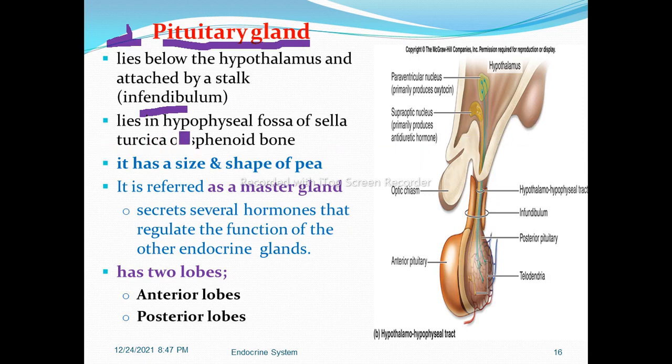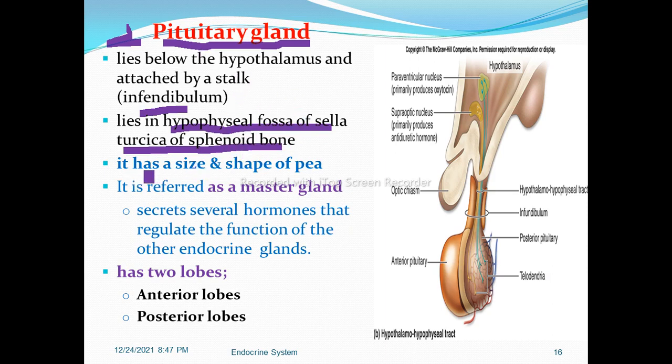The pituitary gland lies in the hypophyseal fossa of the sella turcica of the sphenoid bone. The hypophyseal fossa of the sella turcica serves as a sitting area, a base, for the pituitary gland.